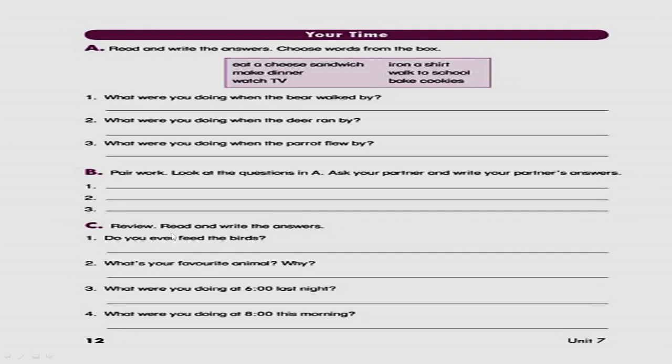For exercise number 3, do you ever feed the birds? This is a yes or no question because it starts with do, so I'm gonna say yes, I do. Someone else may say no, I don't. What's your favorite animal? For me, it's the panda. Why? Because it's cute.